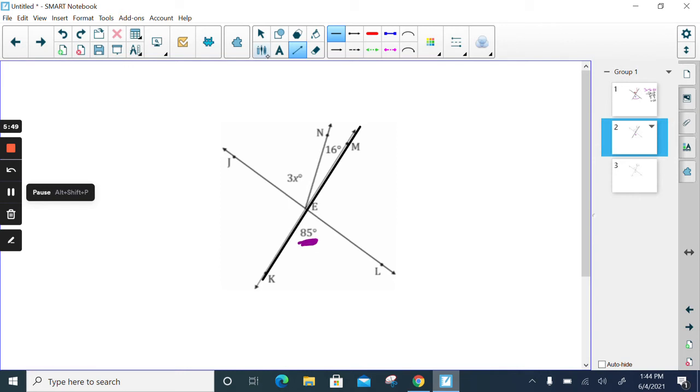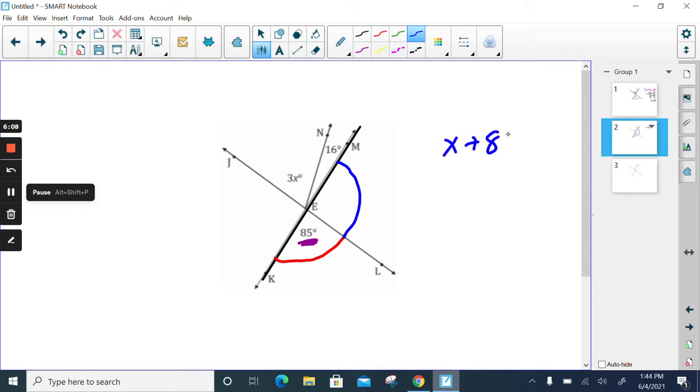Now, every single straight line adds up to a total of 180 degrees, which means this angle KEL added to this angle LEM is a total of 180 degrees, and I know one of them. So some number plus 85 has to be 180 degrees.